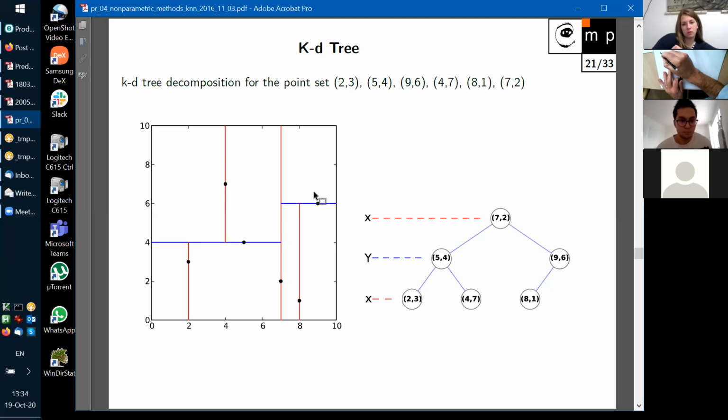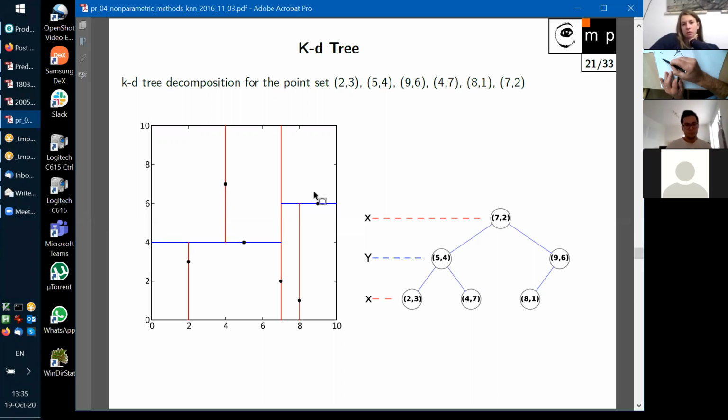Say we choose x1, and let's say x1 is the horizontal direction. We take the median, which is 7, or well, actually, we could have chosen anything between 7 and 5. And we split the data into 2 subtrees based on the value 7.